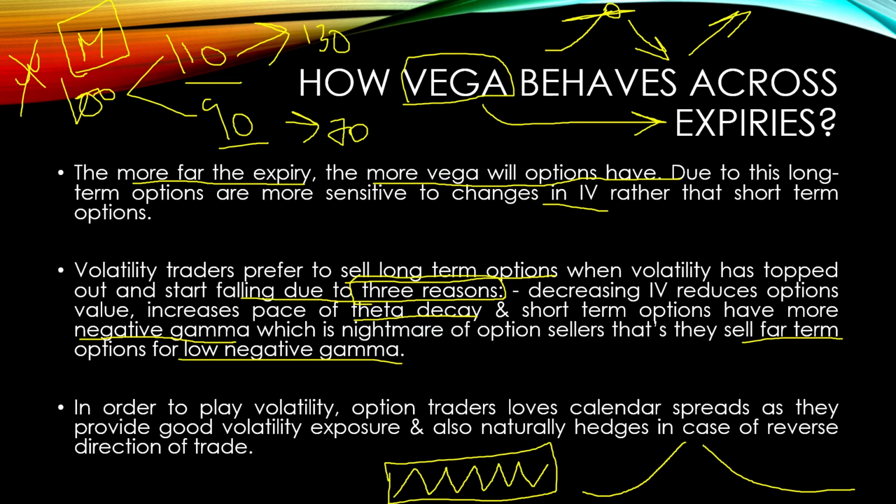In order to play volatility, option traders love calendar spreads. Calendar spreads are professional strategies used by pro option traders. In a calendar spread, they sell one expiry option and buy another expiry option. Whether it is far term or near term depends upon the type of calendar spread.